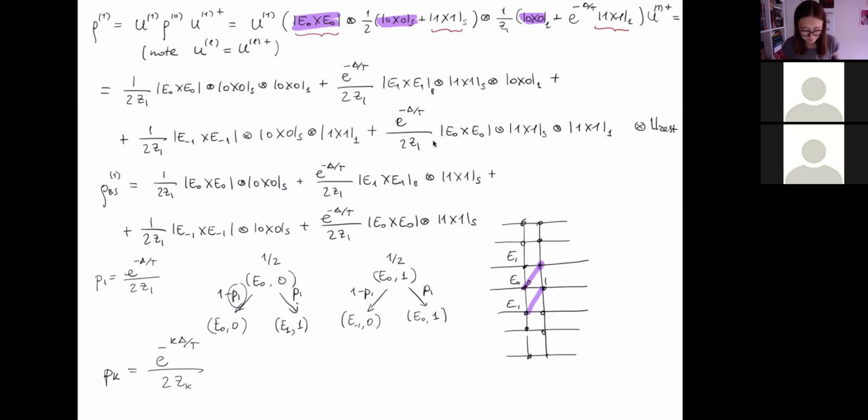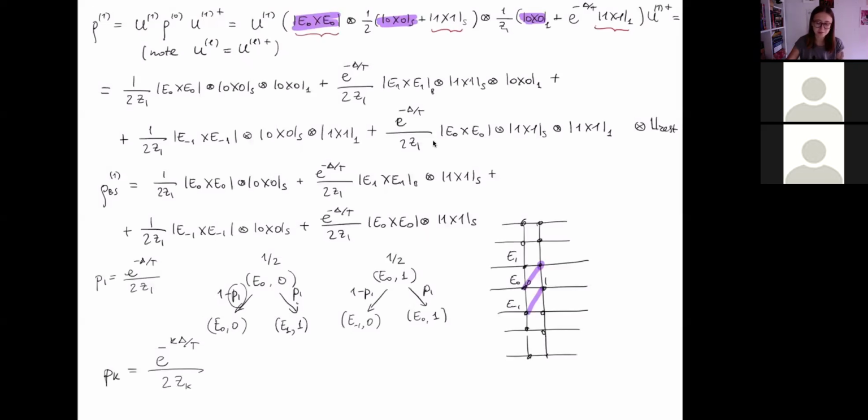So maybe the last thing to look at for this row 1 is the reduced state of the battery. Of course it's useful to know in terms of calculating the energy of the battery, but you can already probably guess how to do it.